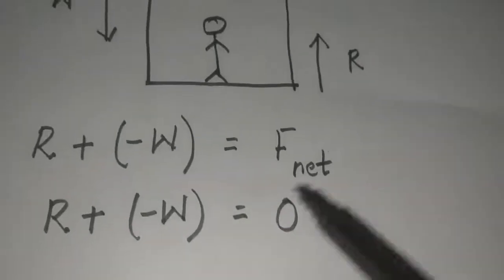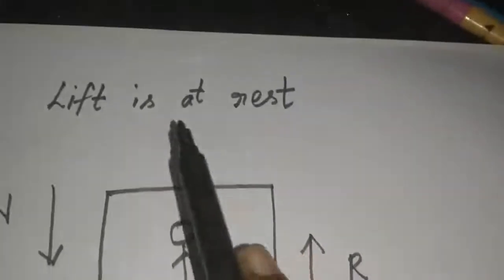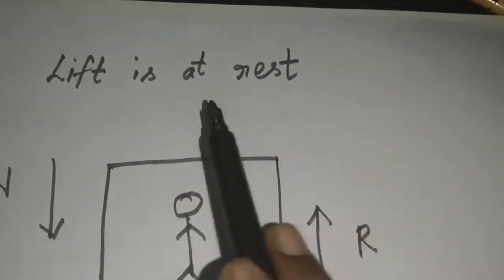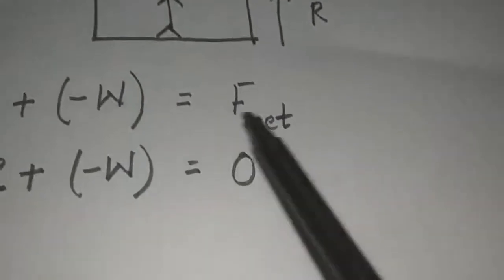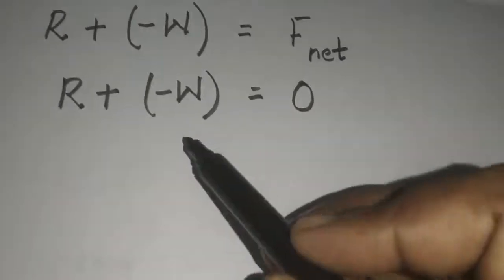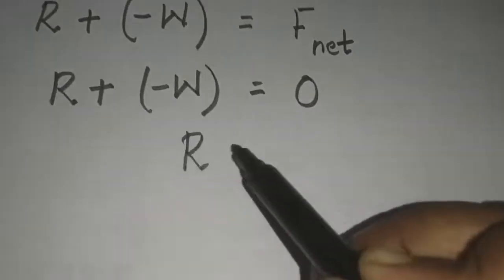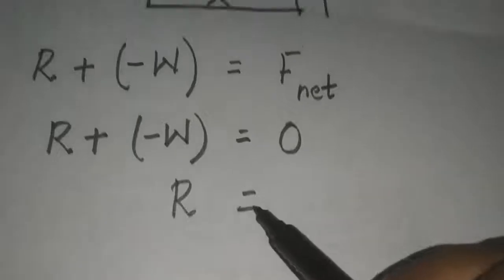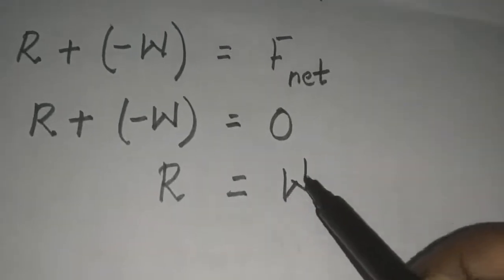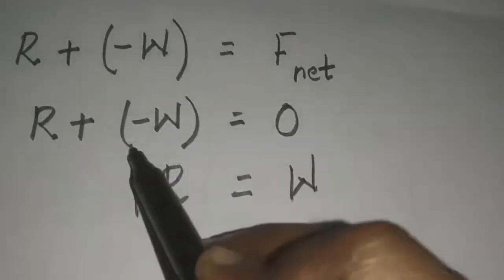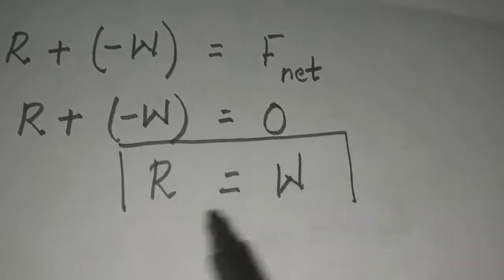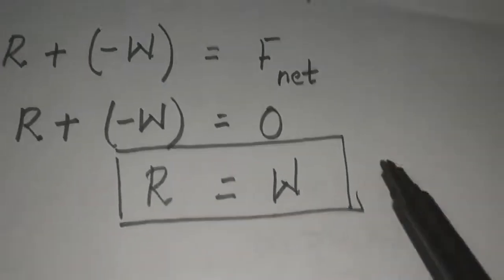Why here 0? Because the lift is at rest. Lift is not moving. So the net force F net is 0. Here R equal to W. So apparent weight is equal to actual weight.